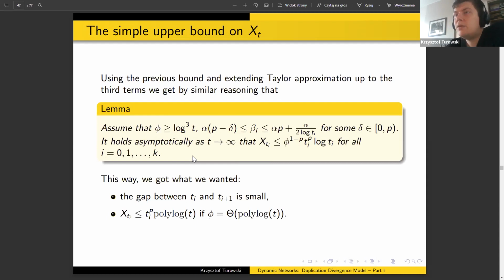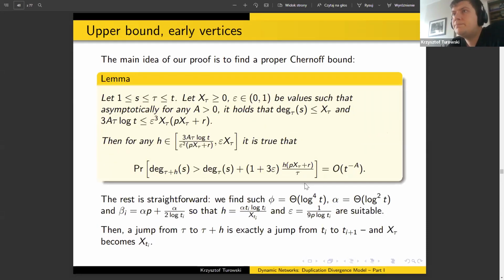And this proof goes along the same lines. This way we get what we want: the gap between t_i and t_{i+1} is quite small, and if phi is bounded by a polylog, then x is bounded by t to the p times polylog.